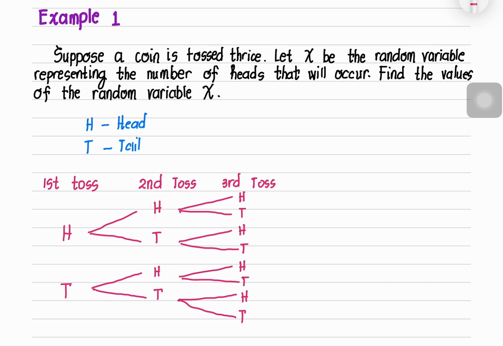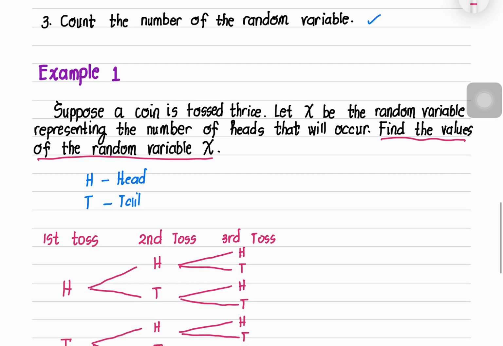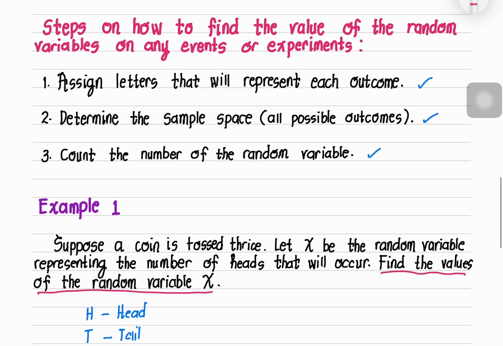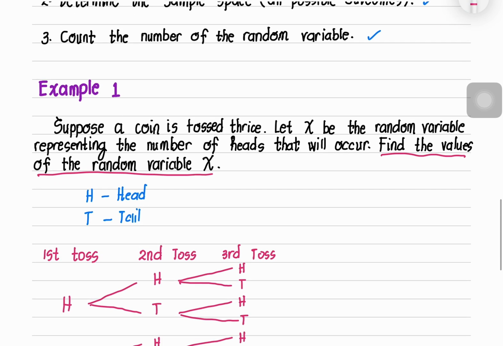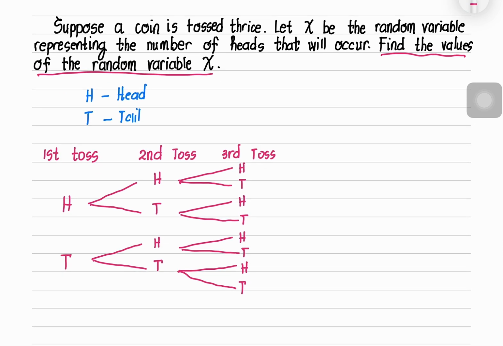And of course, tinatanong kasi dito guys, find the values of the random variable x. Okay? So, sabi natin doon sa one of the steps, no? Sabi natin, determine the sample space or all possible outcomes. Okay. So, dito guys, ito yung mga possible outcomes natin. Sulat natin.